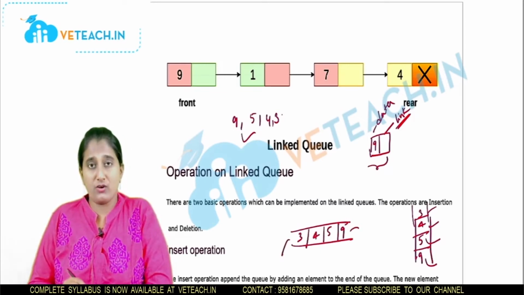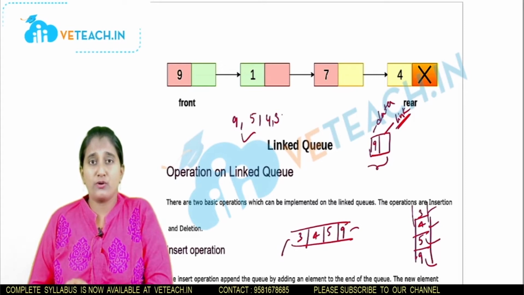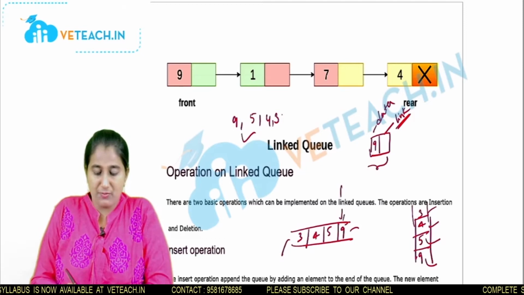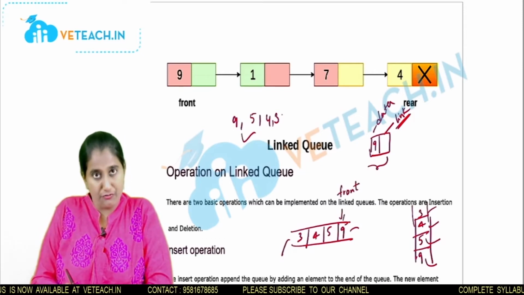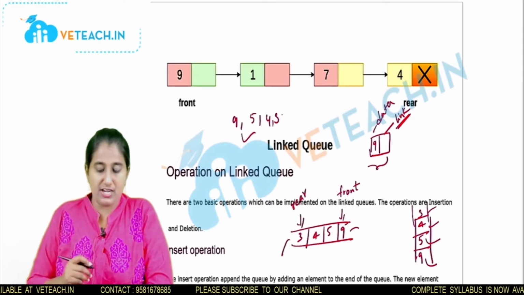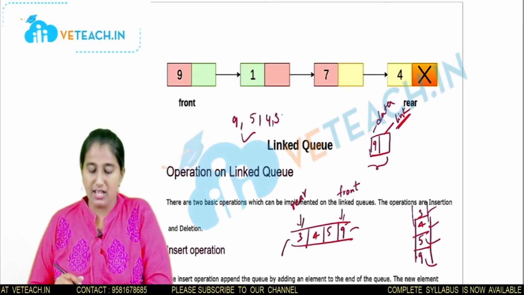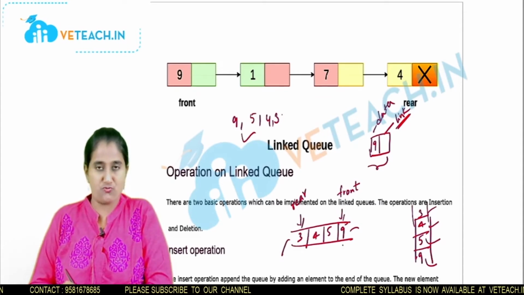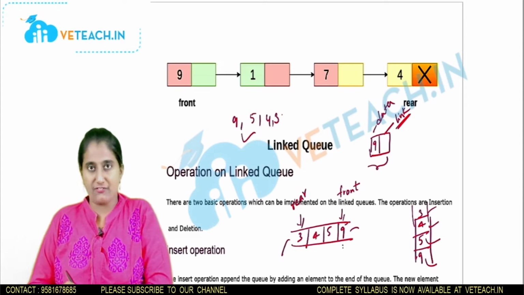In queues, the first element is represented with front and the last, the latest element, is represented with rear. According to the queue implementation, the first element will be in the first location.